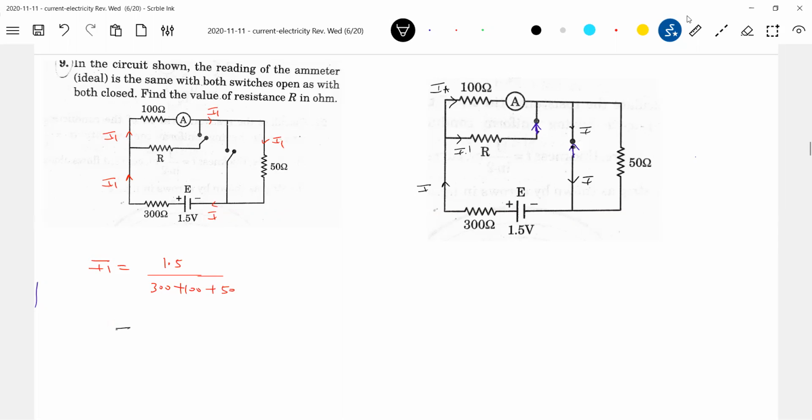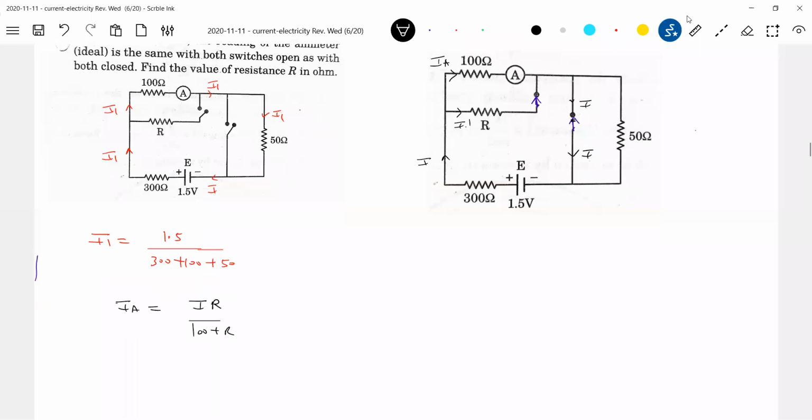How do you calculate it now? IA should be equal to the main branch current I into the resistance of the other branch by the sum of resistances, 100 plus R. This IA should be I1. Substitute this.